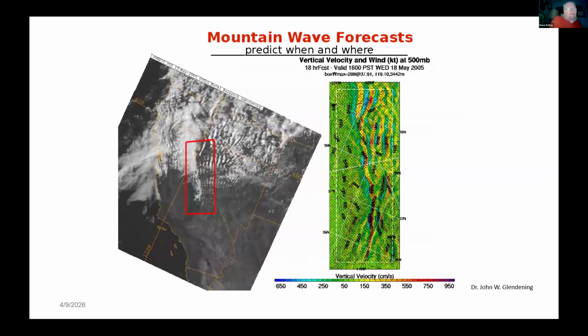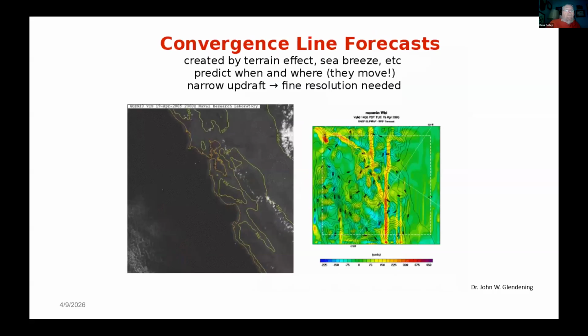One of the things that Dr. Jack discovered was that he could also predict wave systems. He was located on the coast of California, and with the coastal ranges just a little bit inland from the coast, they started looking for this phenomenon, and he identified it, and then somebody went out and flew it and found it and said, yeah, this works.